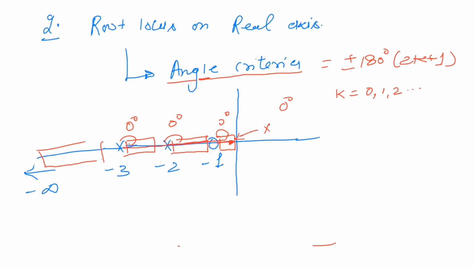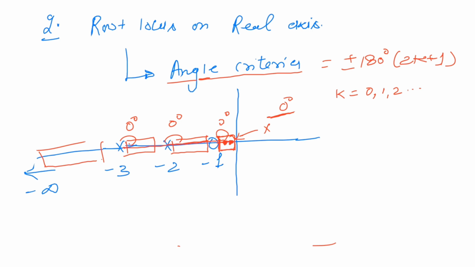Now if I take one more arbitrary point just next to this point over here, and again draw the phasors from all the poles and zeros, again it will give me the same angle and will not satisfy the angle criteria. So any point on this segment is not going to satisfy your angle criteria. So this segment is not a part of the root locus.